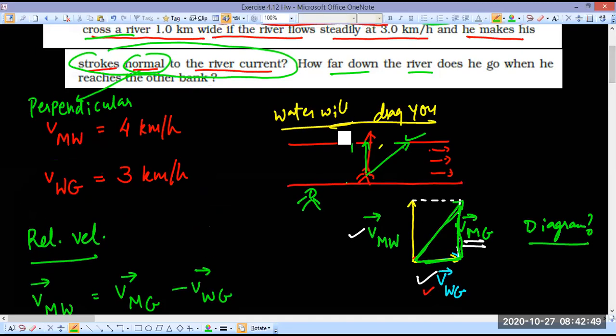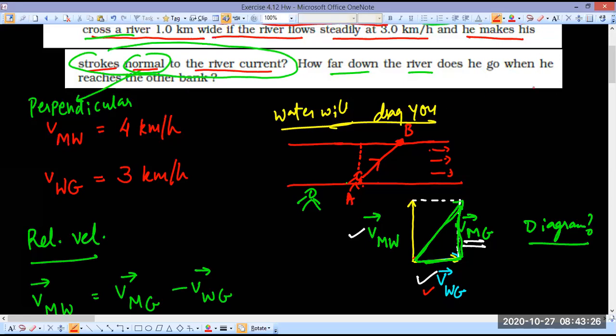Let's have a physical diagram where we draw where the person starts and where he ends up. So let's say he starts from here, and now he's actually going here. Let's say the person goes from A to B. Trying to go there, but not going there, going in this direction. So we have to find how much time it takes for this person to go from A to B.